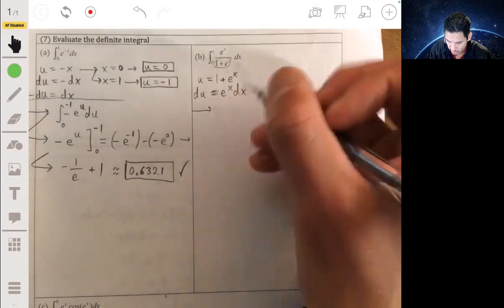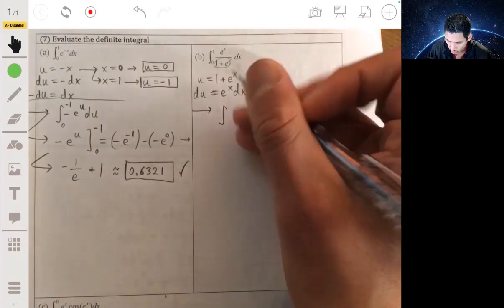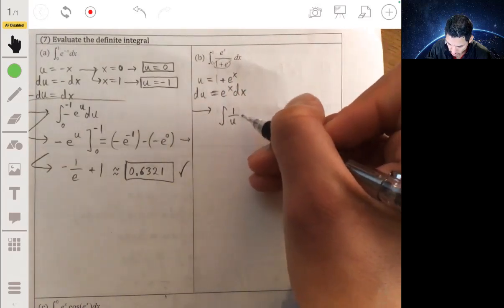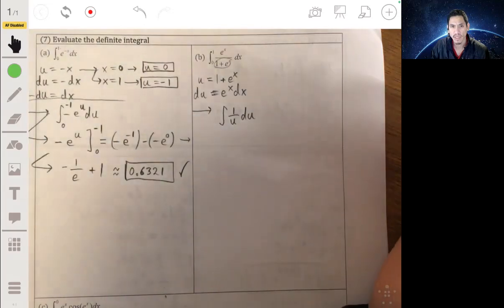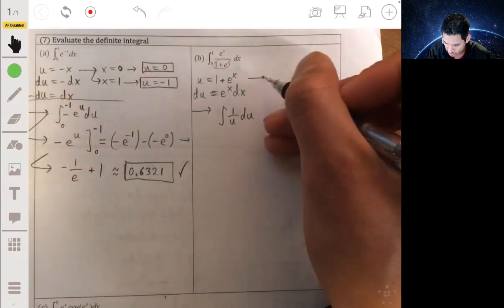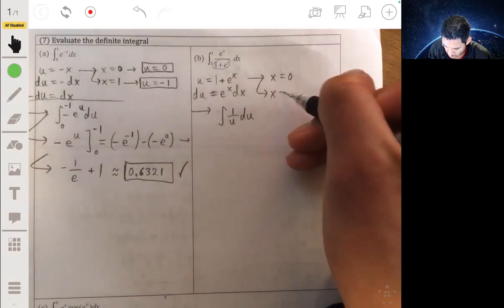So we can rewrite our integral as simply the integral of 1 over u du. Now, let's make these endpoints in terms of u. So we're going to have x is 0 and x is 1.